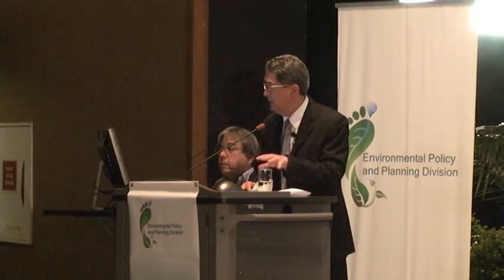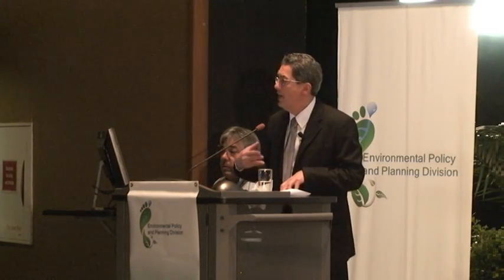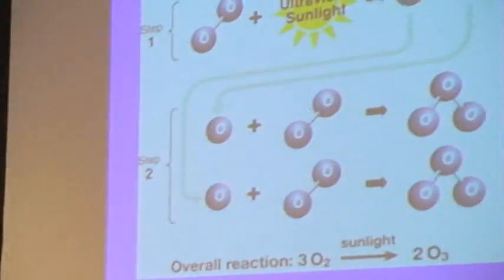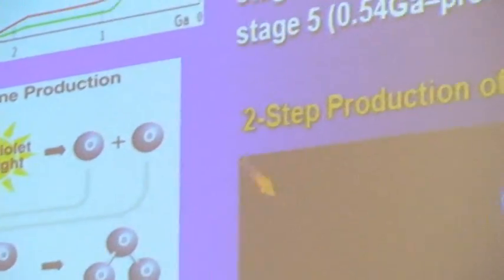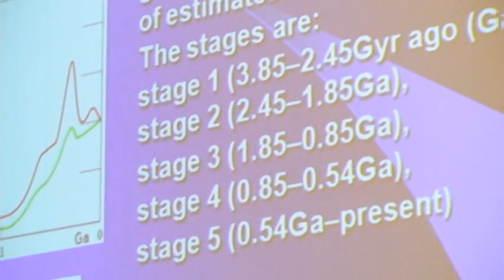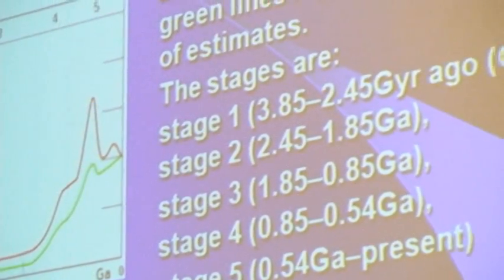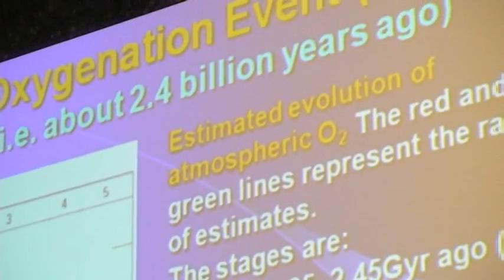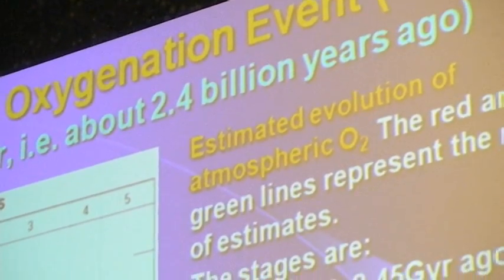Now I would like to go back to the great oxygenation period, the time when the oxygenation of the atmosphere occurred, and nature, in its infinite wisdom, created what has become known as the ozone layer. In short, when the oxygenation of the atmosphere happened, there was enough oxygen to start forming the ozone layer through a very simple process.